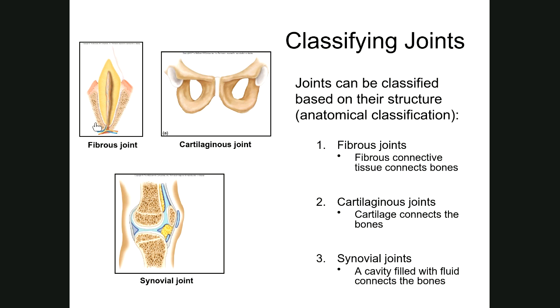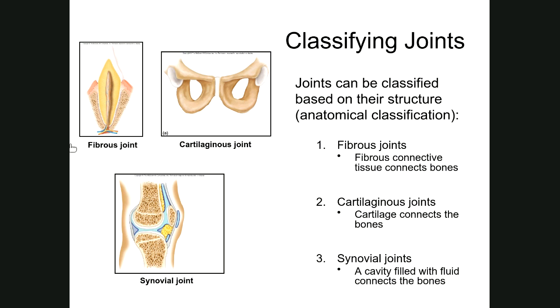So in this particular diagram, if you can see just that small little area of white that kind of outlines the tooth, that's our artist's representation of those fibers that are attached to the tooth and attached to the jaw and are holding that tooth in there very securely in a fibrous joint.